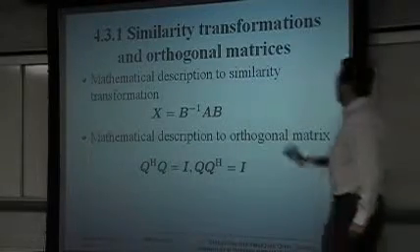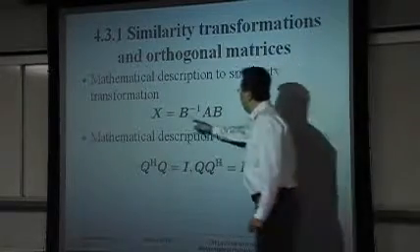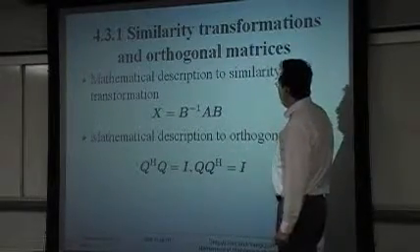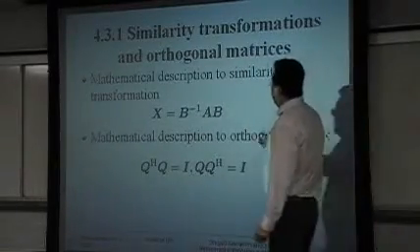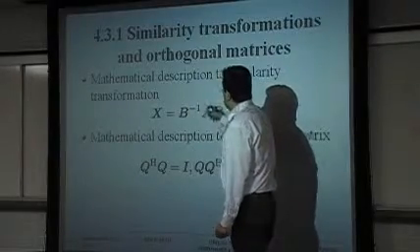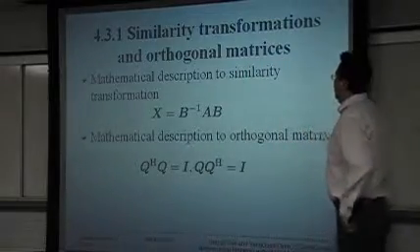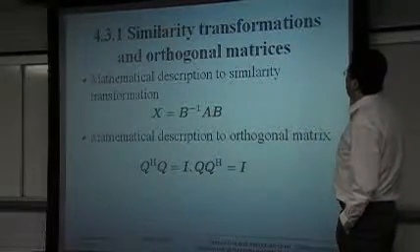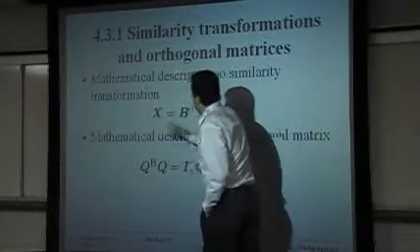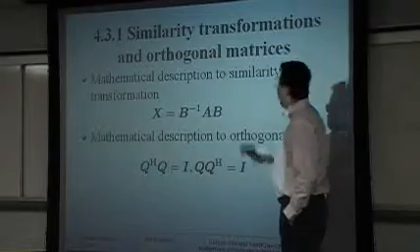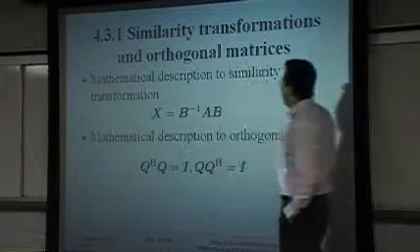For a given matrix A, if there exists a matrix B, which is a full rank, square, non-singular matrix, then we can transform the original matrix A into another form, X. And this kind of transformation is called the similarity transform, because the eigenvalues of X are exactly the same as that of A. And the shape of the two matrices may be different.